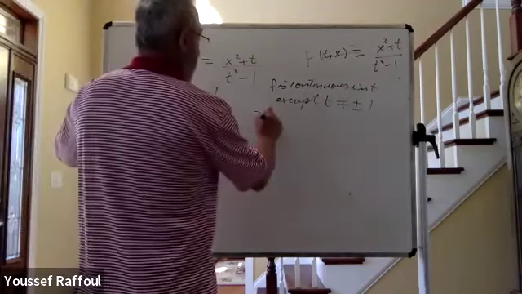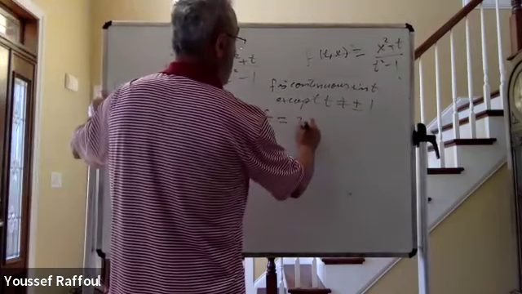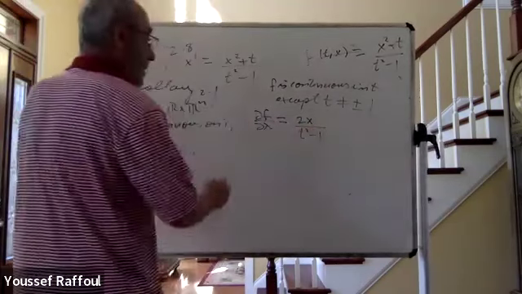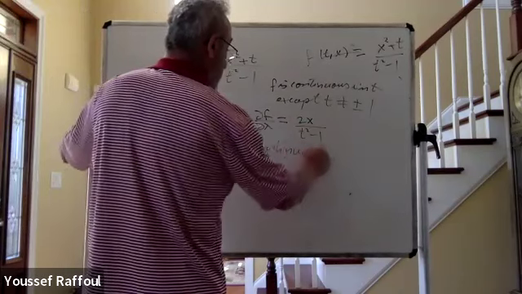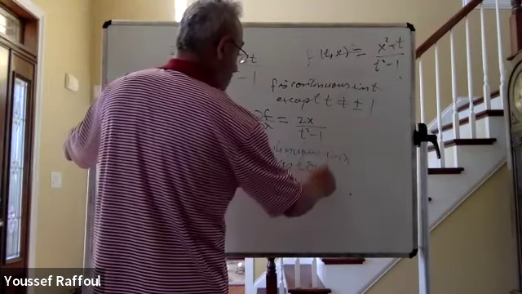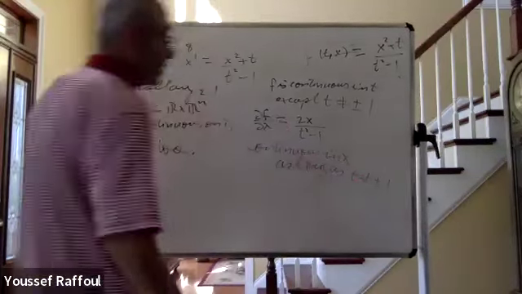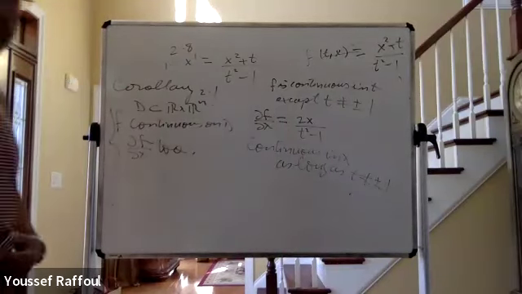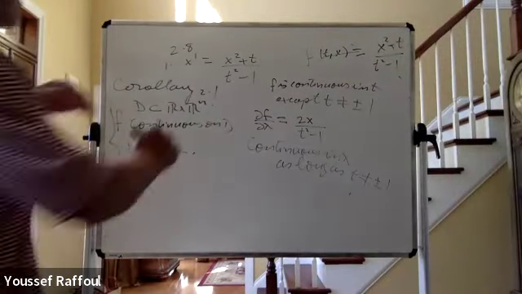Now, what about del f over del x? That is 2x over t squared minus 1. That's again continuous in x as long as t is not equal to plus or minus 1. Correct? Okay. What else do we have for that problem? We have x of 0 equal 1.